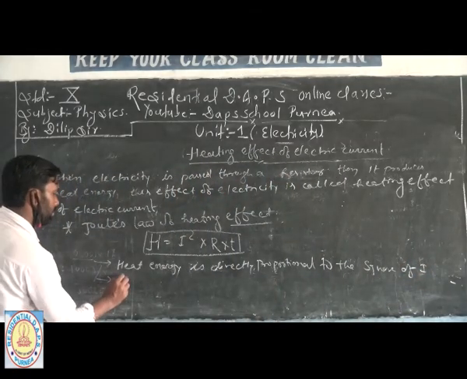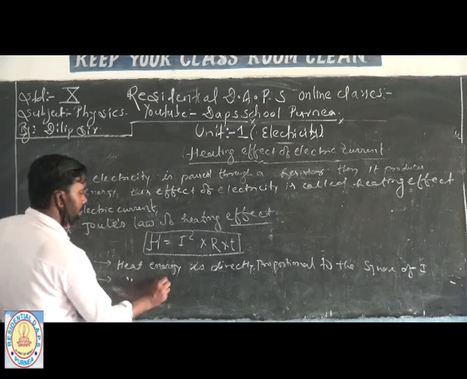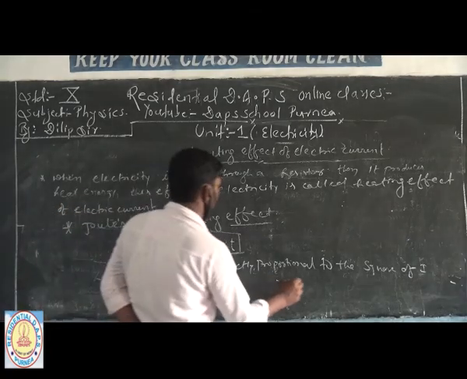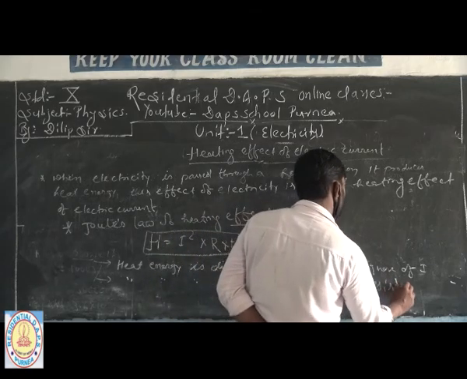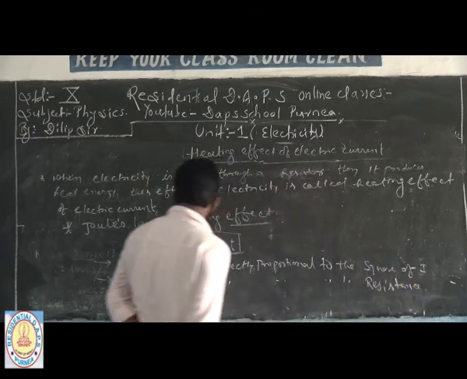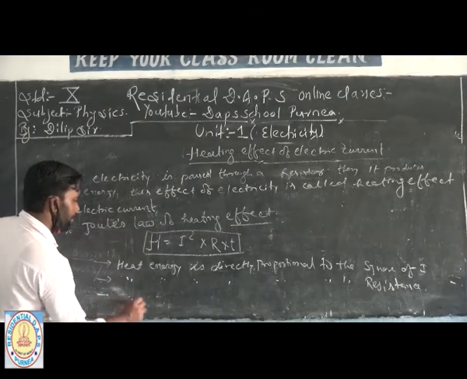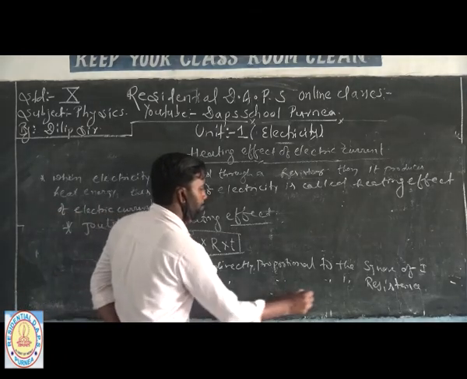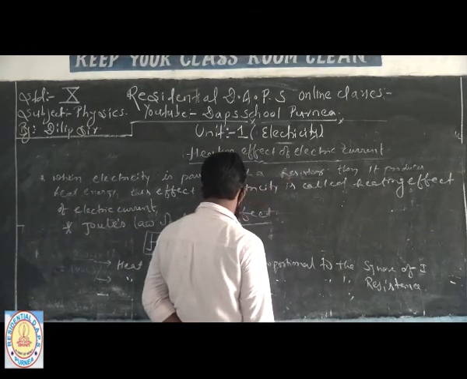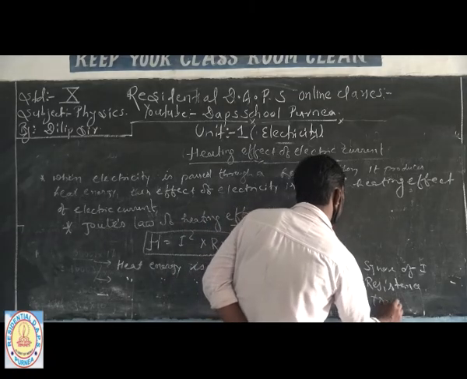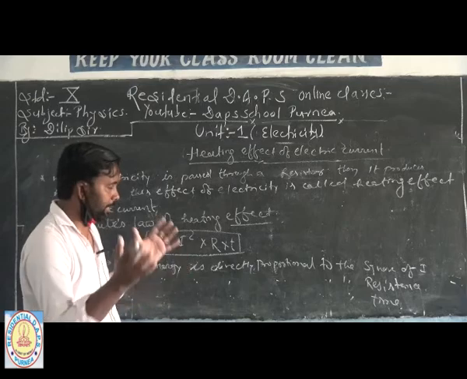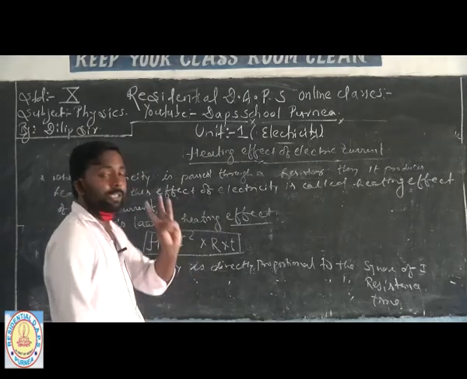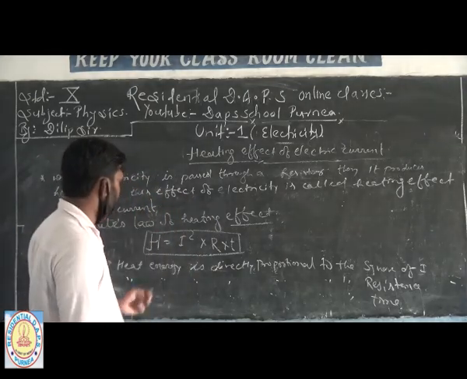Next, heat energy is directly proportional to the resistance, and heat energy is directly proportional to the time. Clearly, we can calculate the heat energy produced in a body. It depends on three components.